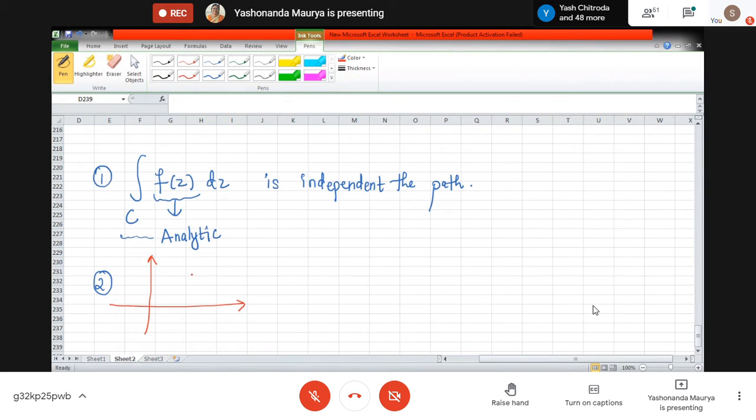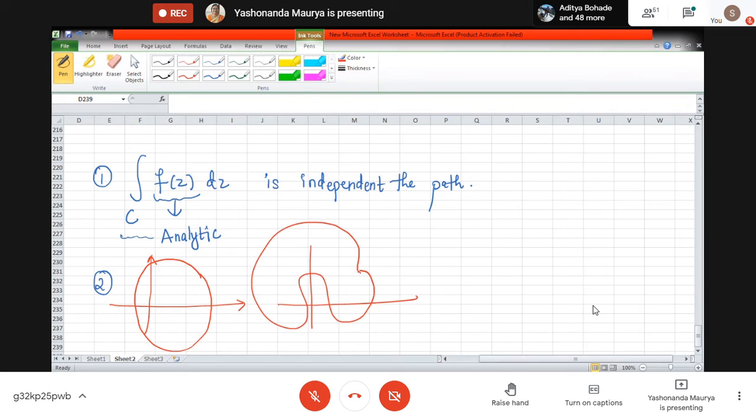I start from here, this is my initial point. I move along this and I come back to this particular point. It may not be a circle, but if I move somewhat like this, finally I land at the same point.